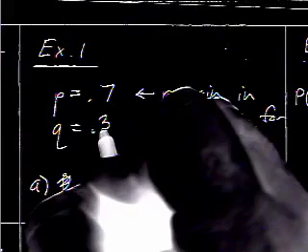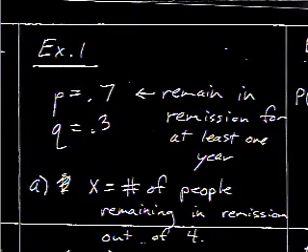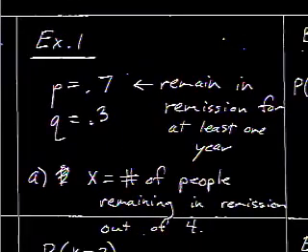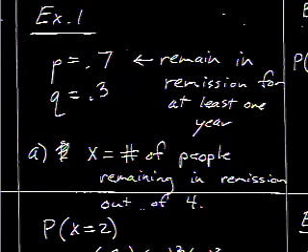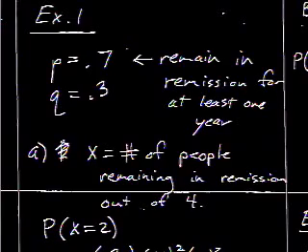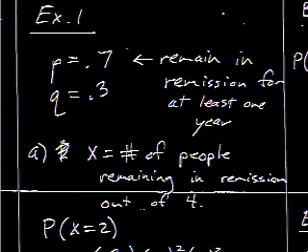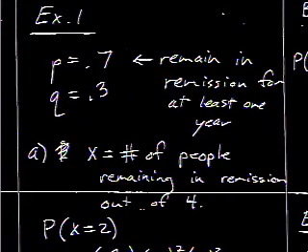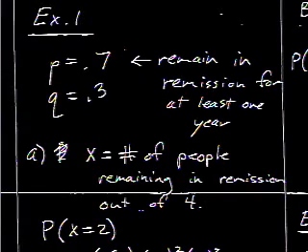Obviously, that means q equals 0.3. So in part A, I'm defining x to be the number of people remaining in remission out of 4 people. So we have 4 trials, and x represents the number of those people that are in remission for at least 1 year. So that could be as few as 0, and it could be as many as 4.